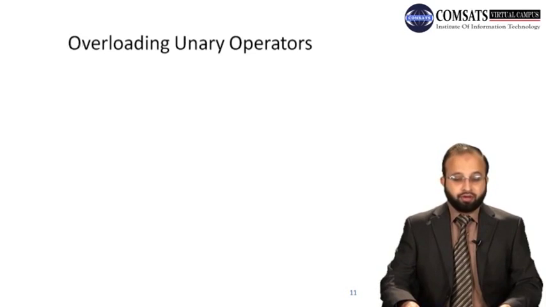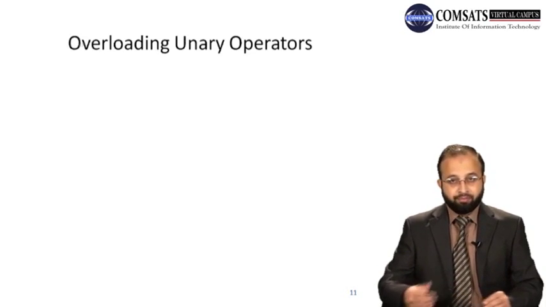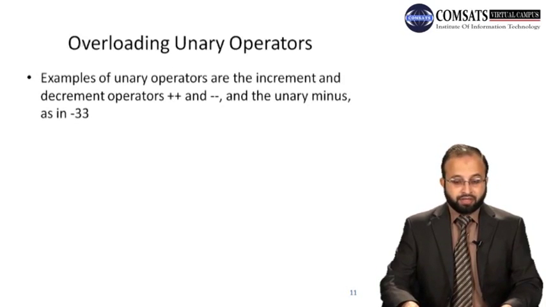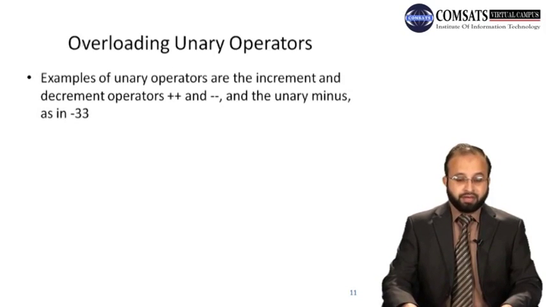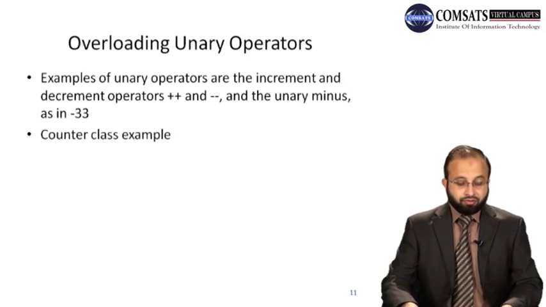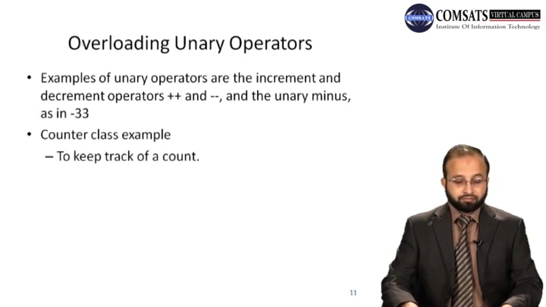Now overloading unary operators. So let's start from the very basic, that is plus plus and minus minus. Examples of unary operators are the increment and decrement operators, that is plus plus and minus minus, and the unary minus, that is minus 33. So we were looking at the counter class example. The counter class has a private data member, that is count, that is used to keep track of the count.